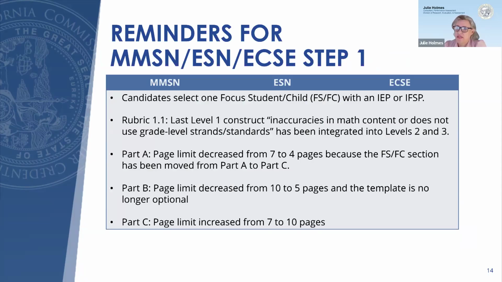But for all 3, this is a big change, this first bullet. This is going to shock you, but for all 3 areas, candidates select one focus student or child if they are early childhood special education with an IEP or an IFSP. Now, the IFSP is for the early childhood group.